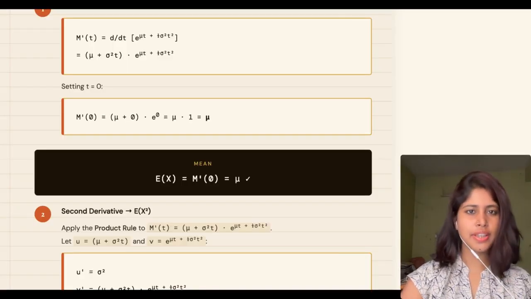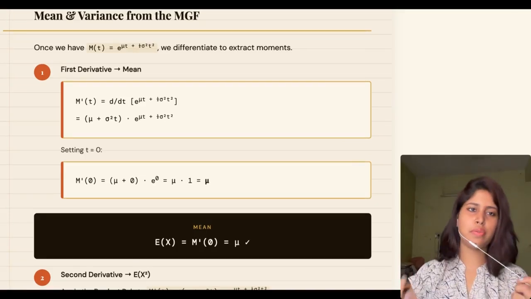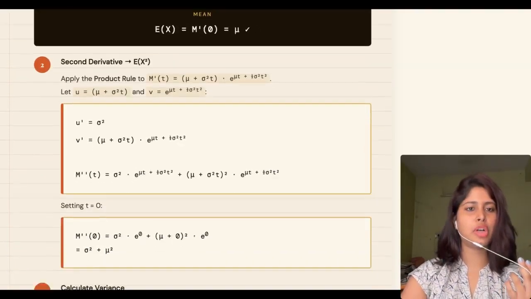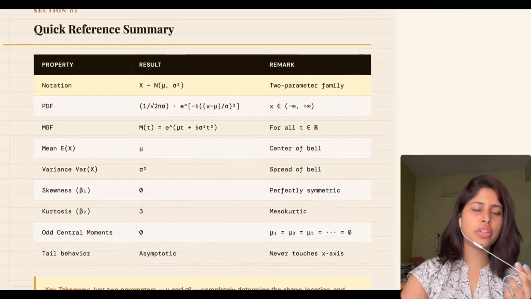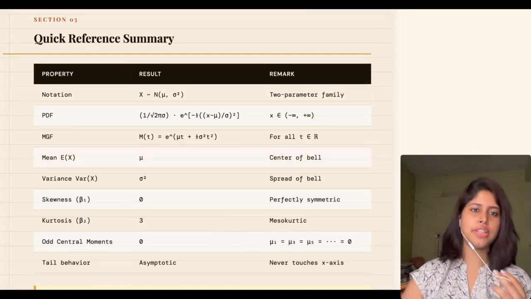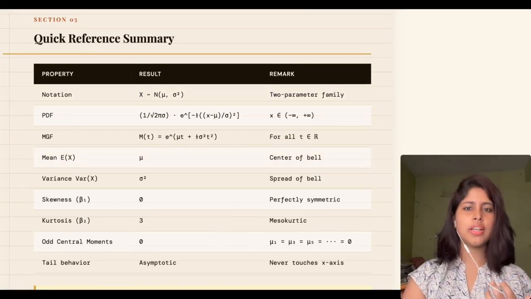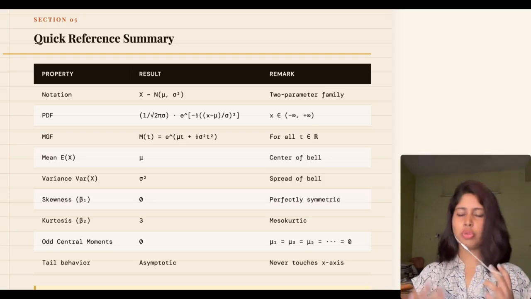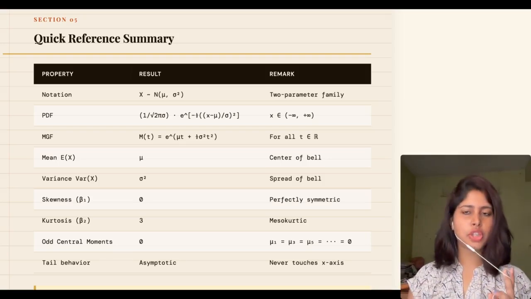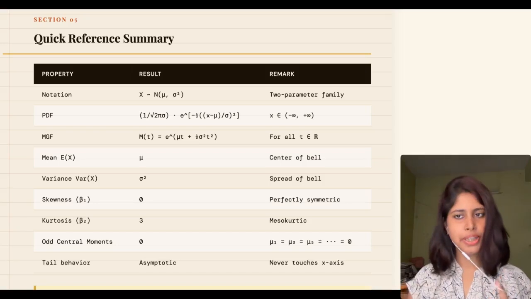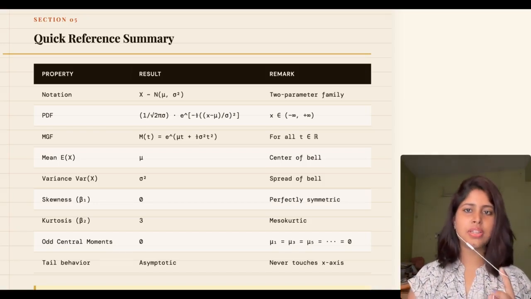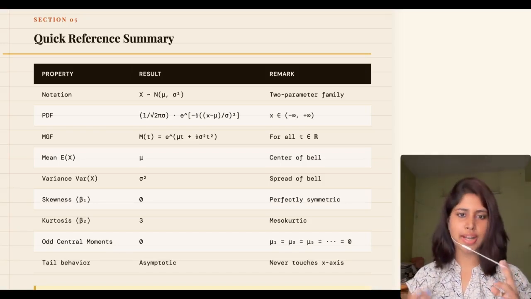As you can see here, I have written everything, how you find the mean and variance from the MGF. And next we are completing the quick reference summary. Let us recap what we did today. We started with the definition of the normal distribution and its PDF. We understood the two parameters, mu as the center, sigma squared as the spread.